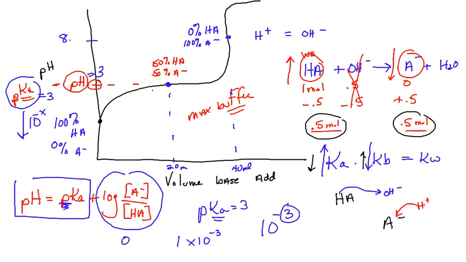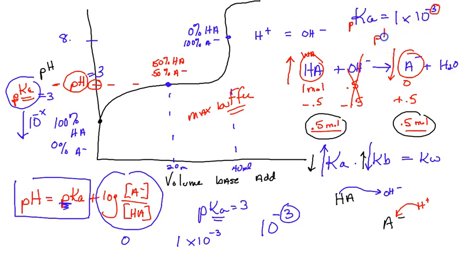But more important, if you're trying to figure out what would create the best buffer solution, you look at Kas. If I've got a Ka that's 1 times 10 to the negative 3, what do I know? When it becomes a pKa, I take the positive value.